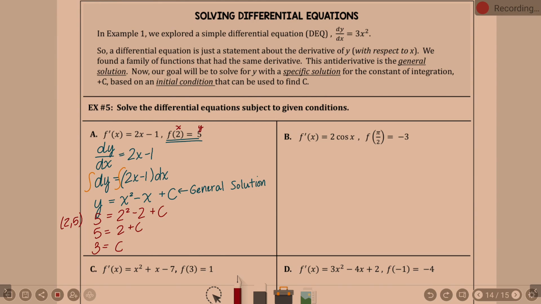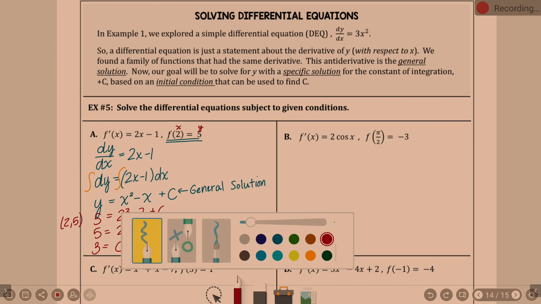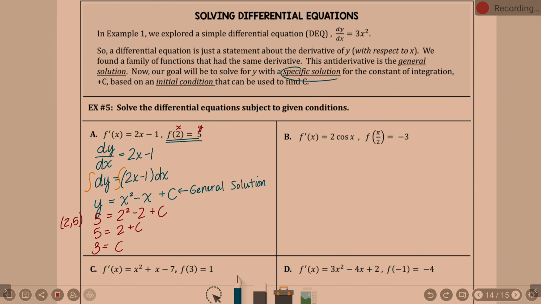So now we have the information to write our specific solution. Up top it says specific solution, and I have it noted as particular solution. Interchangeable vocabulary. Be familiar with both. So whether we talk specific solution or, I'm going to throw it here so you have it in writing too, particular solution, and I don't remember what the homework asked for.